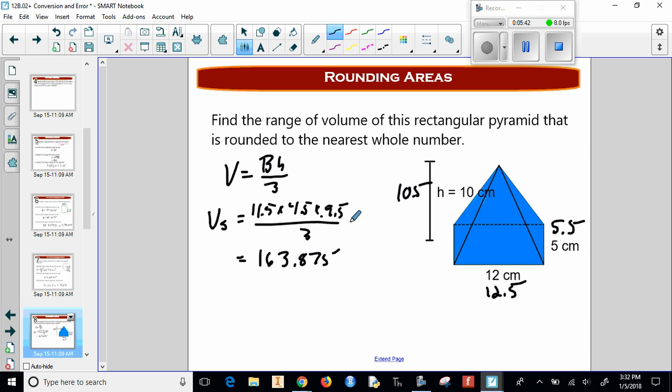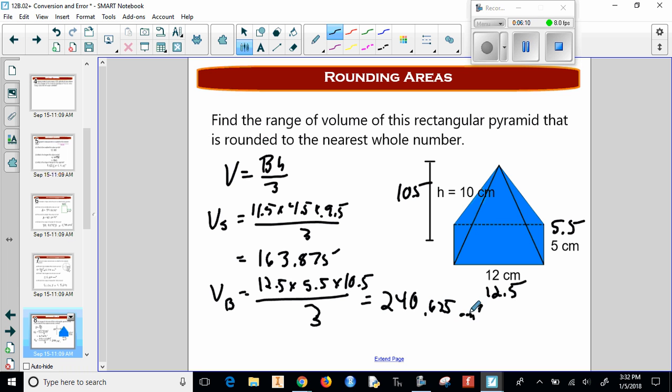And we'll type in the same things for volume big, and divide by 3. Let's see what we get out. And I get out 240.625 centimeters cubed.